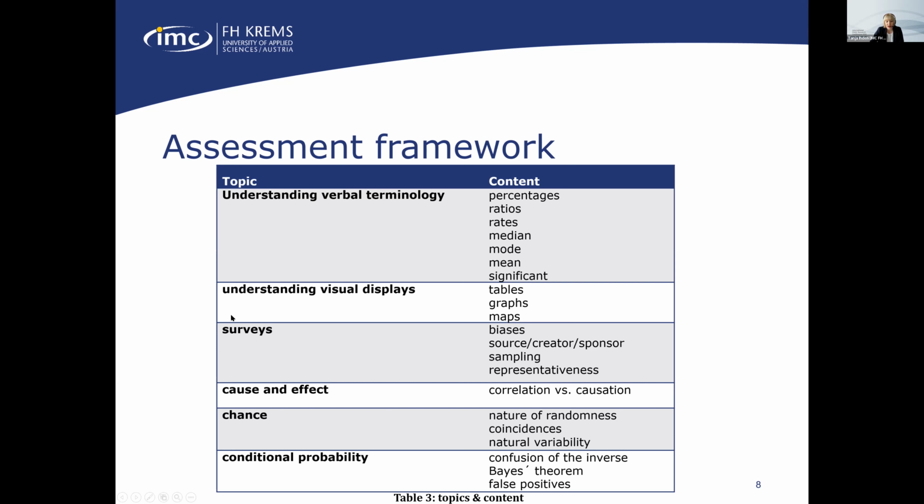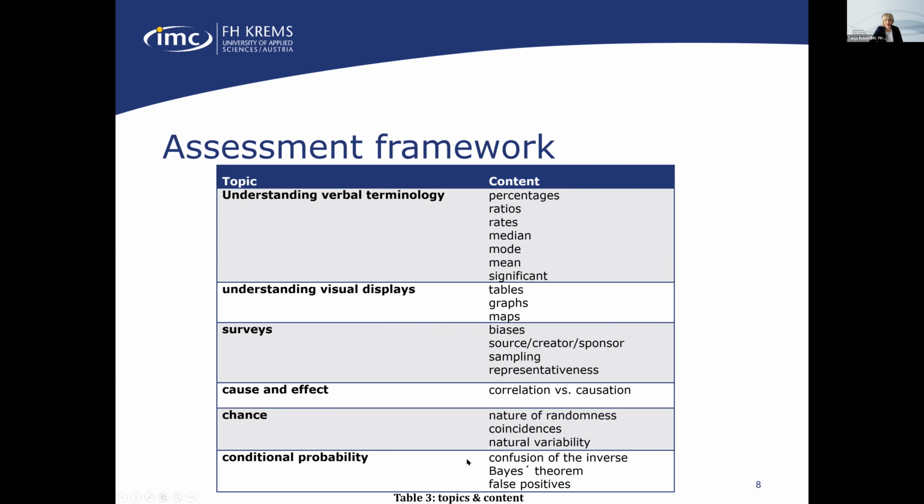Regarding surveys, which are quite often in the media, and the results of these surveys, what about biases? What about sponsors? What about the sampling, the representativeness? People should know some things about that to make it possible to question results. Cause and effect, my favorite topic, so to say, correlation versus causation. Is everyone aware of that? Good question. And then chance, of course, the chance that my COVID test is positive, although I'm not infected.